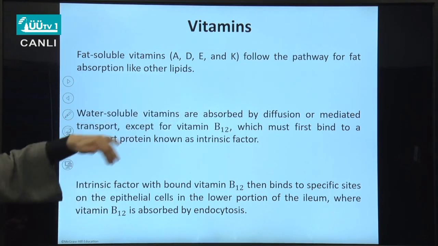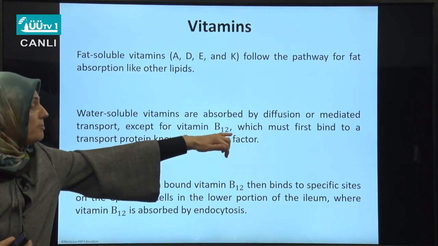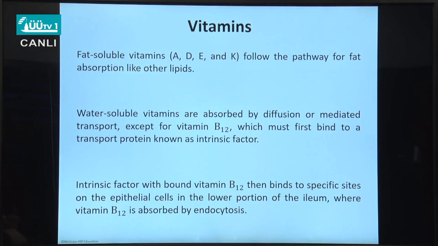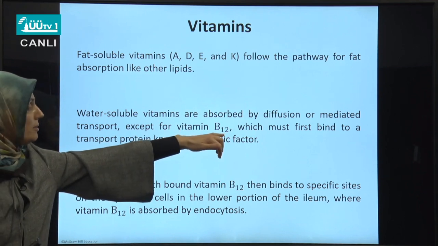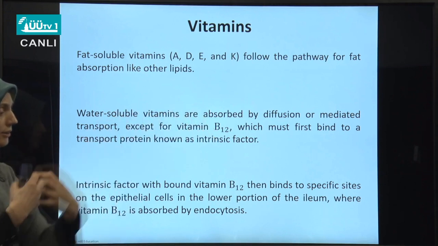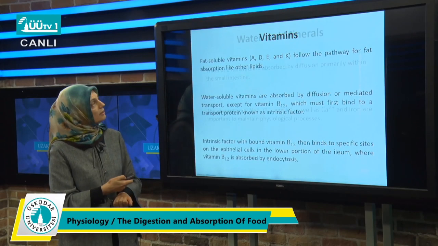And the water-soluble vitamins are absorbed by the small intestine by diffusion or mediated transport, except vitamin B12. Remember, we have learned that in the stomach, the intrinsic factor is a protein which is used as a transporter of vitamin B12, and it is taken into the epithelial cells of the small intestine by endocytosis.